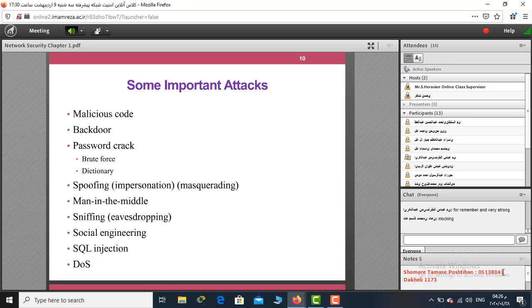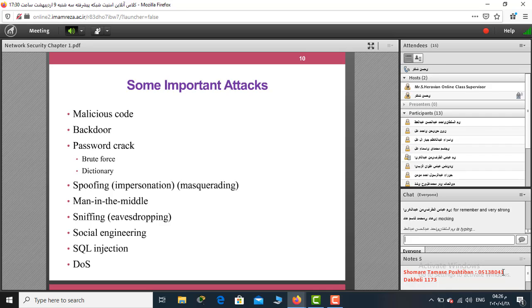For example, Alice sends a packet, but changes the IP address of the sender and pretends that she is Bob. Actually, she is Alice, but she pretends that she is Bob. Masquerading is taken from the word mask.